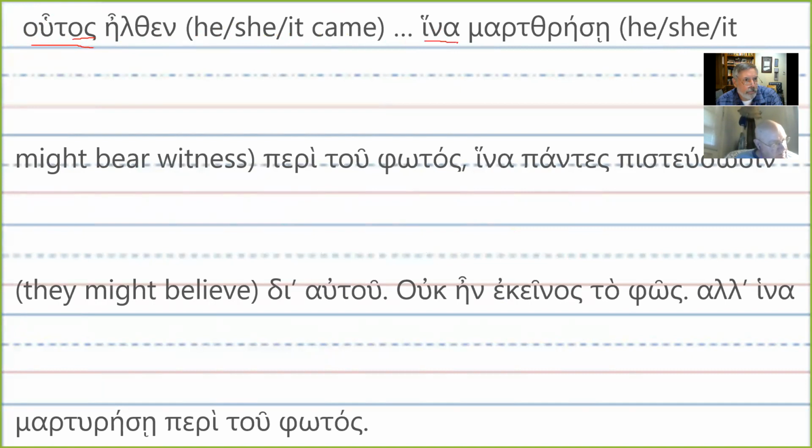So this came, and hina we've had before. What does hina mean? Do you remember? That, or in order that. Okay, this came in order that, and here's a verb. That's supposed to be an upsilon; that's a typo on my part, and you can't pronounce that right there.